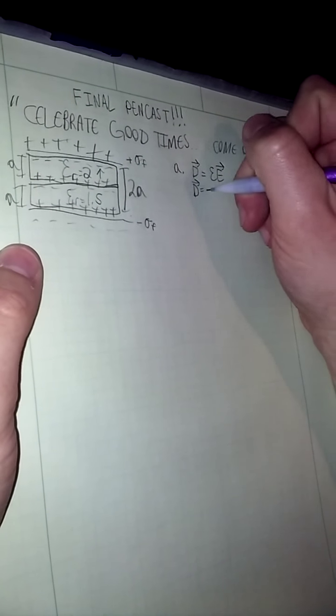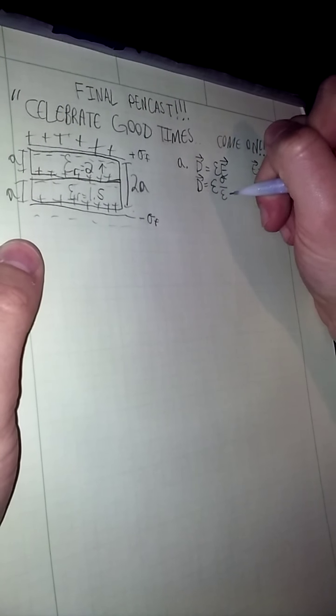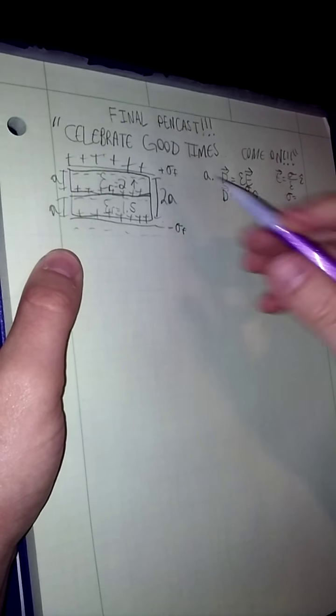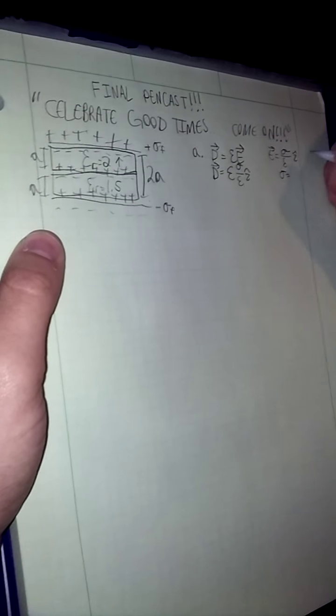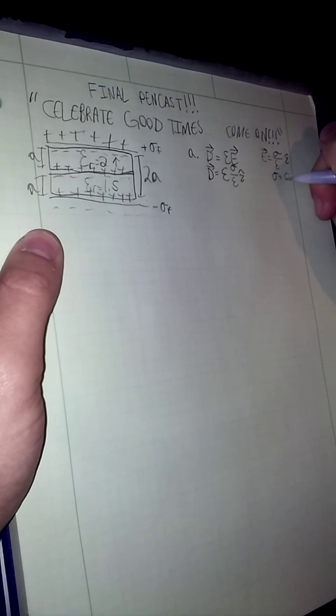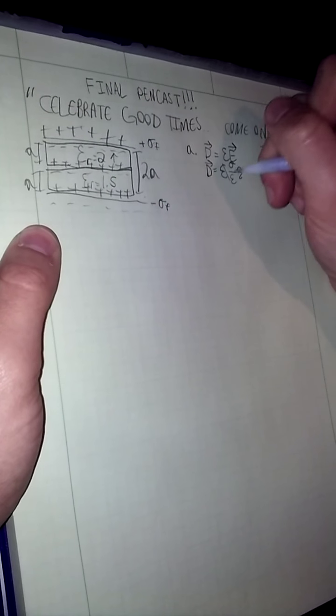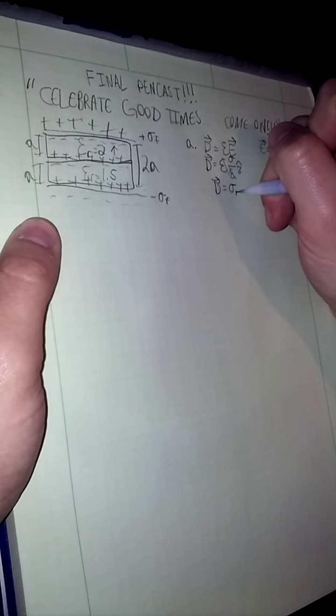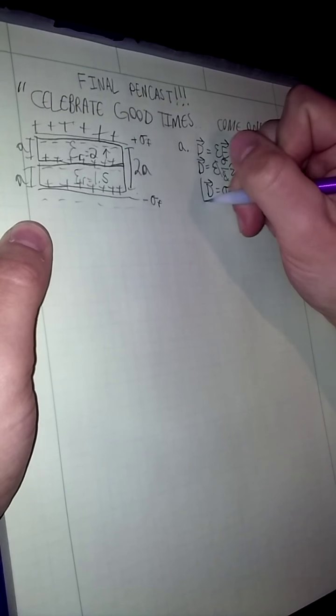So D equals epsilon times sigma over epsilon in the z-hat direction. Now sigma is the free charge enclosed plus the bound charge. All the free charges are on the plates, so there is no free charge in there, so it's just sigma bound. Epsilons cancel, so D equals sigma bound in the z-hat direction for each slab.